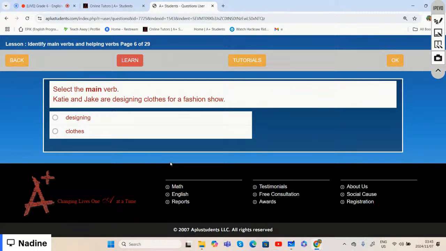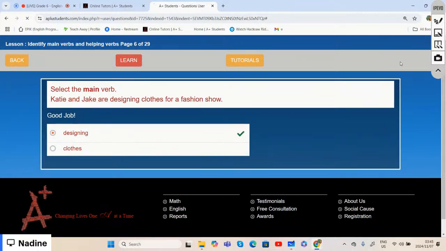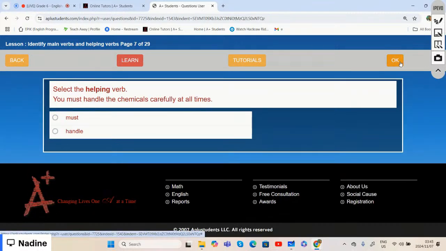And if we were to select the main verb, then option 1, designing is the action.